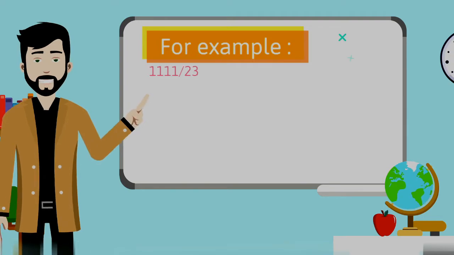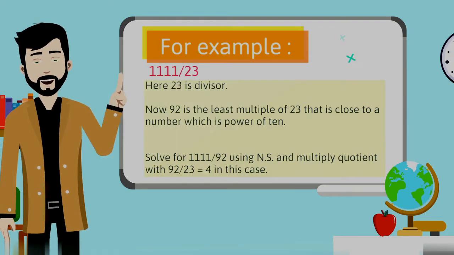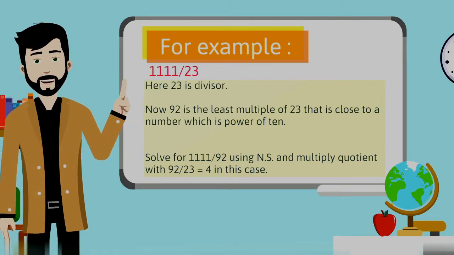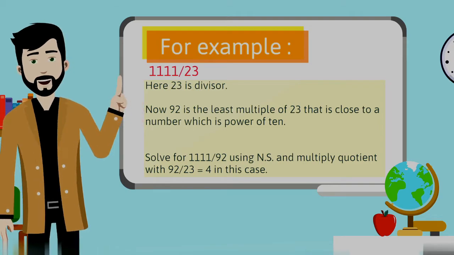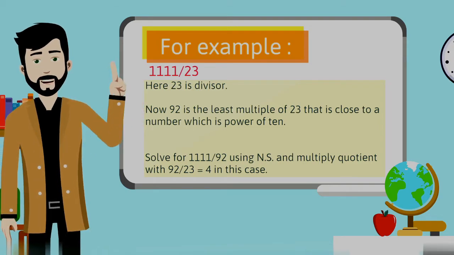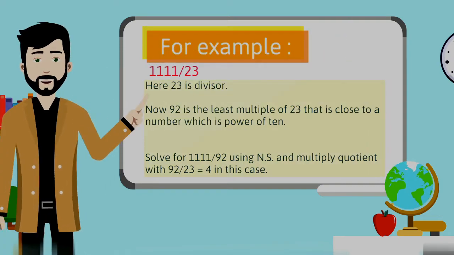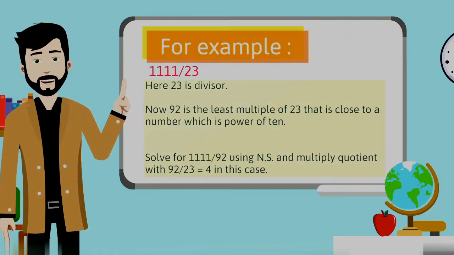Now let's look at an example. 1111 divided by 23. Here 23 is our divisor. Now take 92, that's a multiple of 23, that's close to 100, and apply Nikhilam Sutra using 92 as our divisor and keeping the dividend same. So for the quotient which you obtain, you multiply it with the multiple of divisor by the divisor.